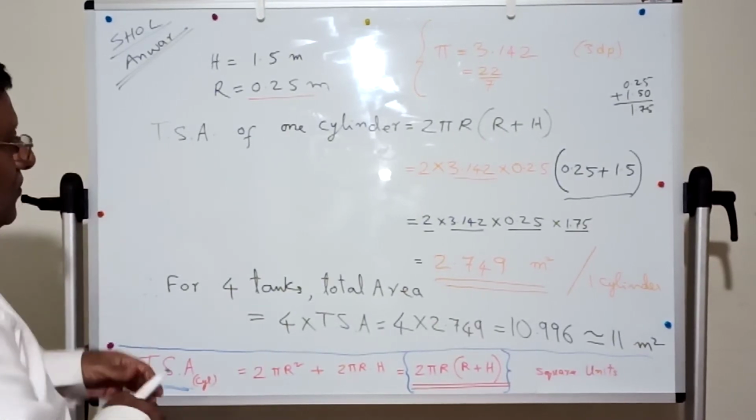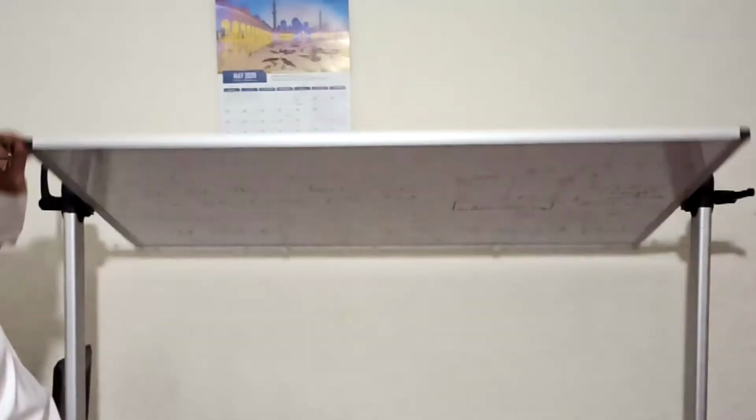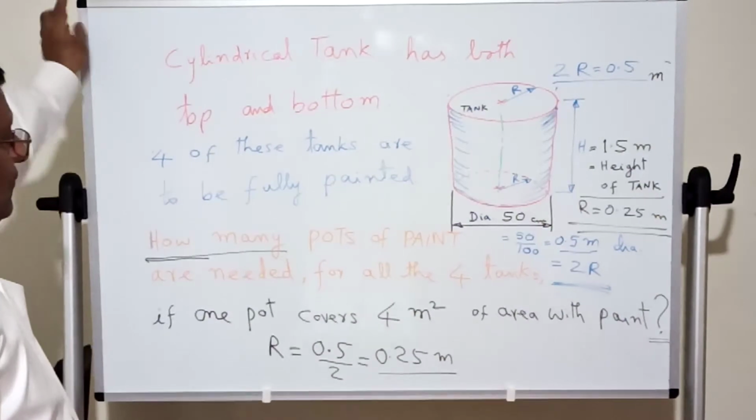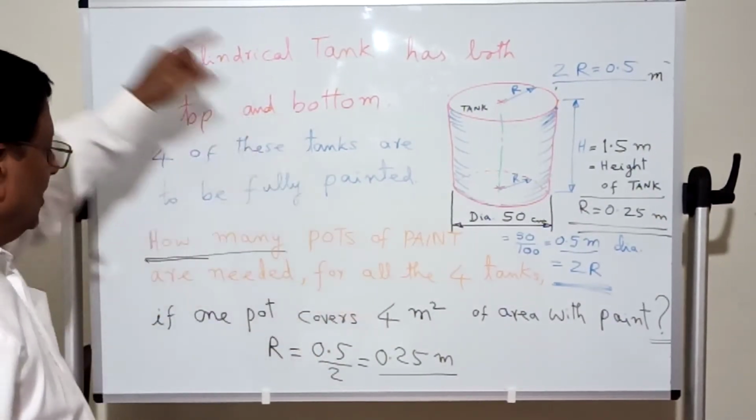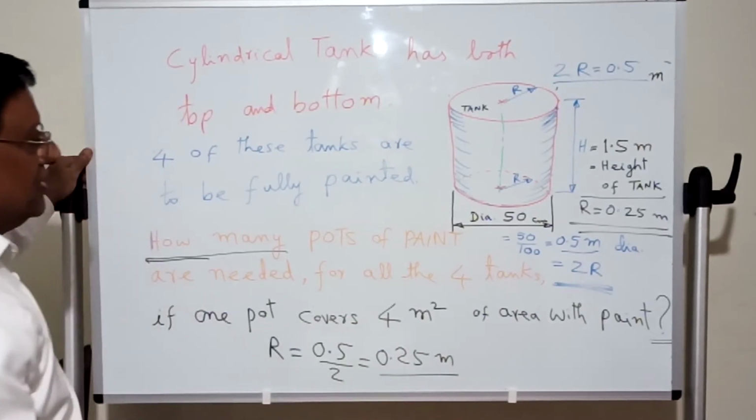Okay. Now, once we got 11 square meters, we know that for every 4 square meters, one pot is needed, because one pot covers 4 square meters.